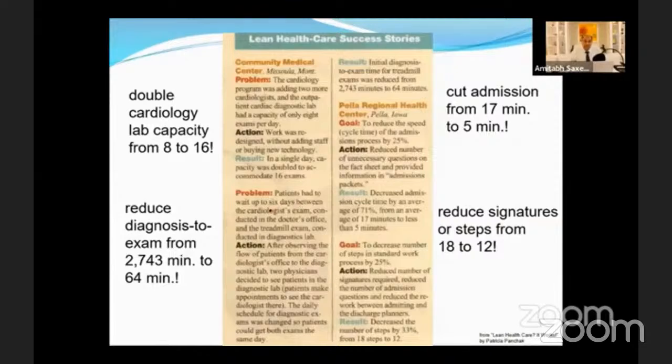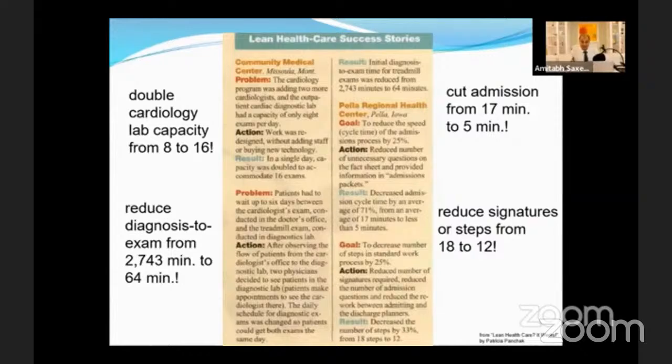How? Earlier, the patient had to wait up to 6 days between the cardiologist exam conducted in the doctor's office and the treadmill exam, which was conducted somewhere else in the diagnostic labs. So typically, patients are moving from one place to another. After observing the flow of patients from the cardiologist's office to the diagnostic lab, which was a waste of movement, waste of transportation, 2 physicians decided to see the patients in the diagnostic lab.